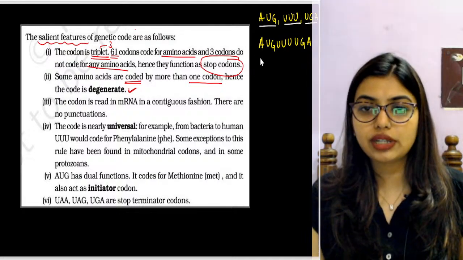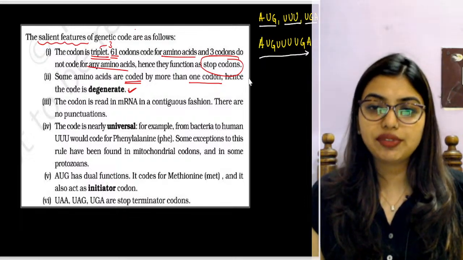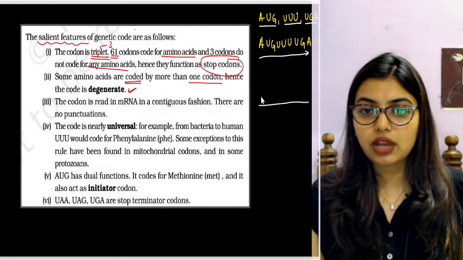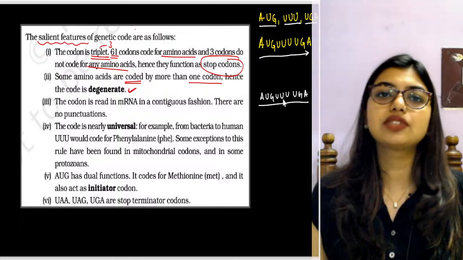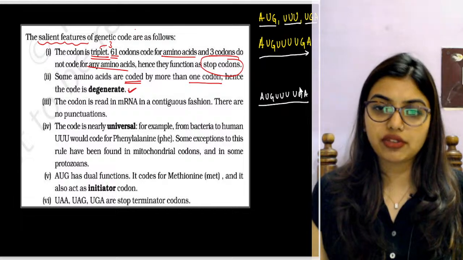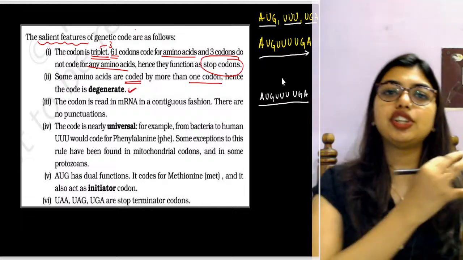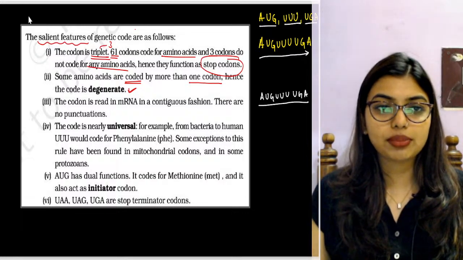No, wrong. You read it continuously. That is AUG, UUU, UGA. So if these codons are present, they are going to be read like that only. If one fellow goes off, the next fellow will start reading it. Imagine this G went off, A will come here, and the next person will keep continuing the reading. It is not like it is going to stop.